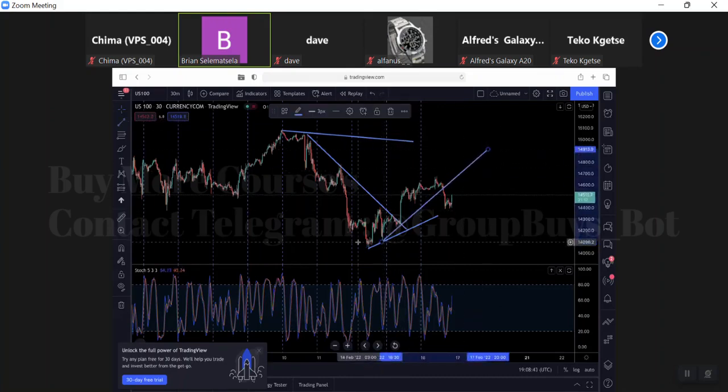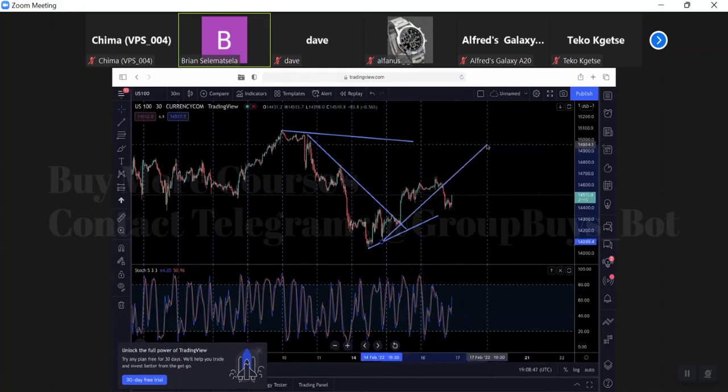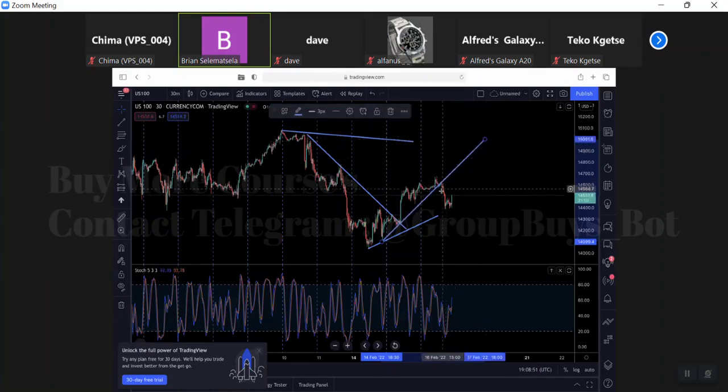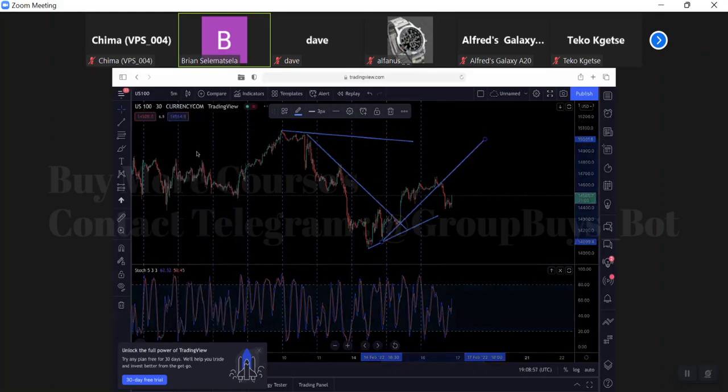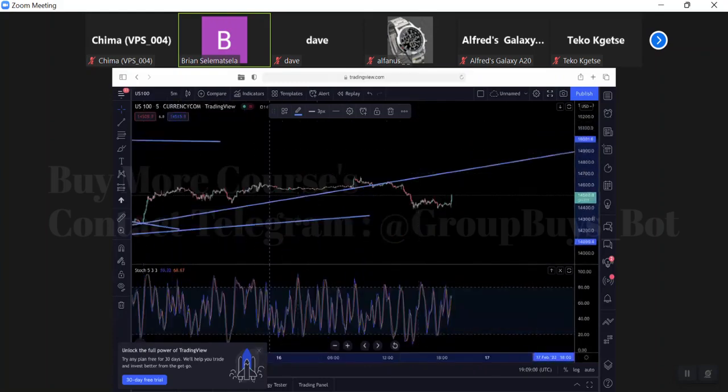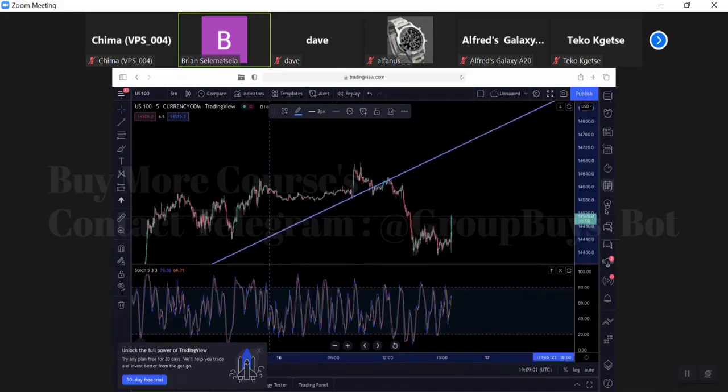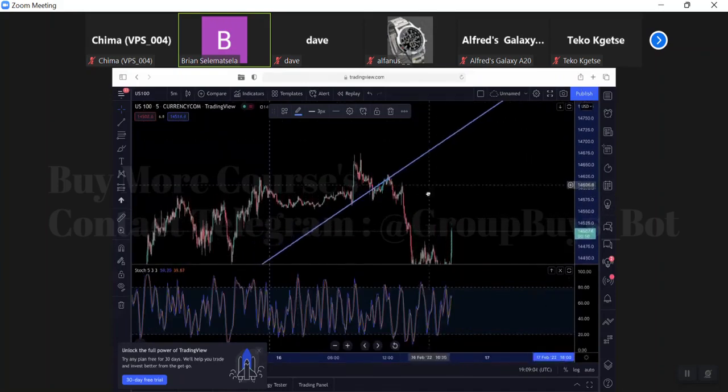This is what happened. If you would have entered a buy, you would have closed when the market broke there. Now, looking at a very detailed form, I want to double check what the market is about to do now.